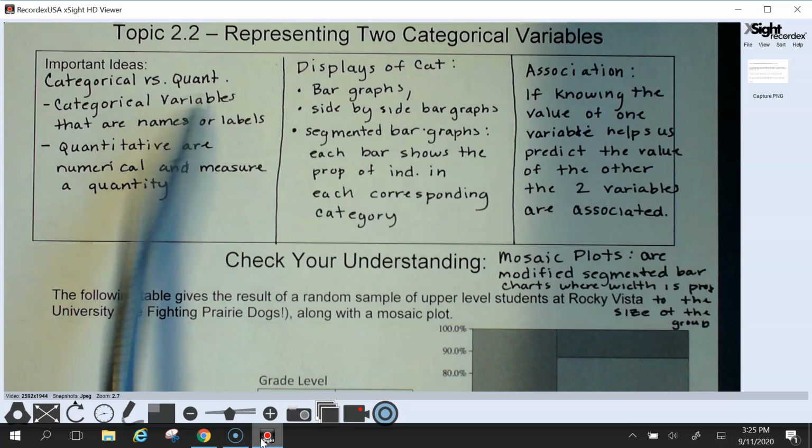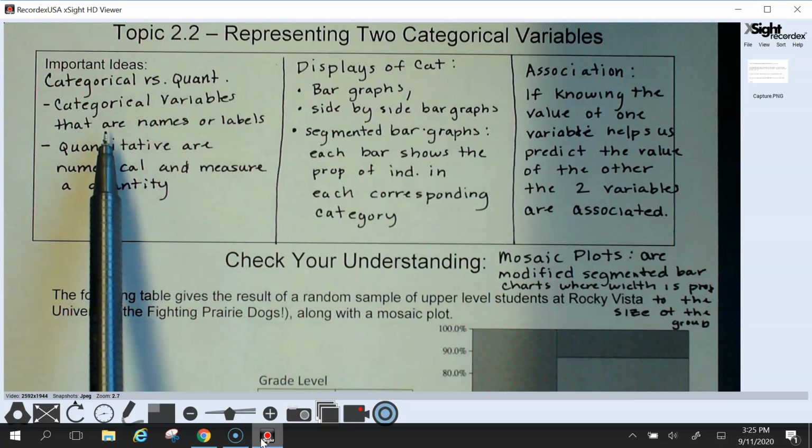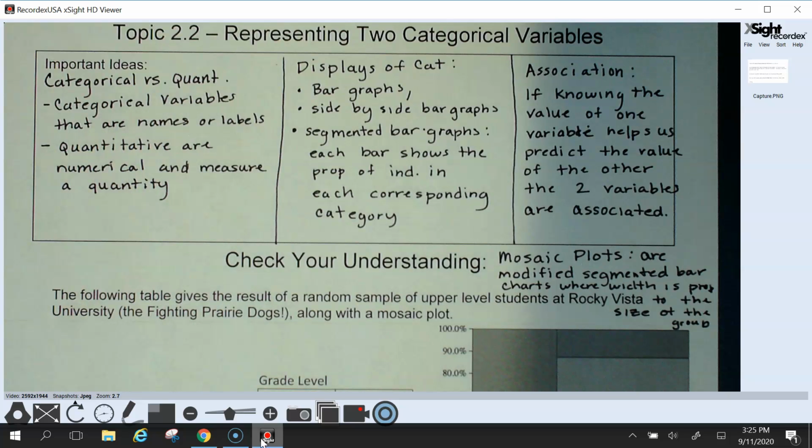Categorical versus quantitative. Categorical variables, those are names or labels. Quantitative, numerical, and they measure a quantity. Different ways to display categorical data.